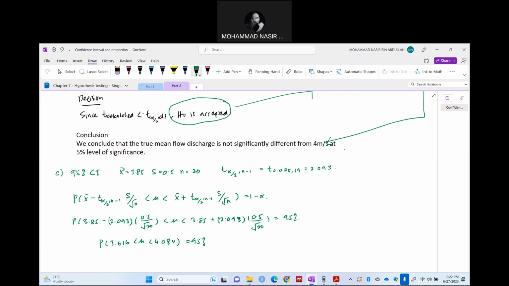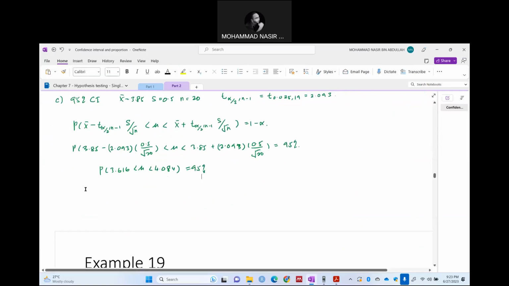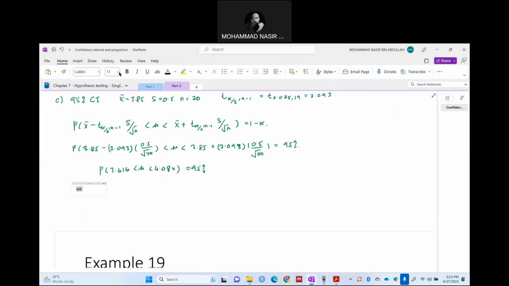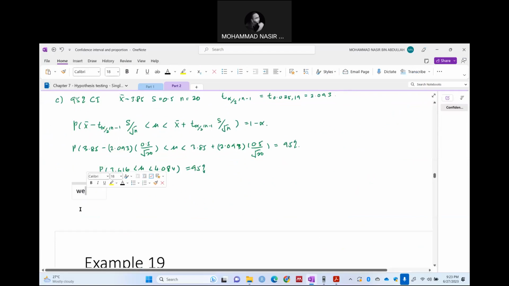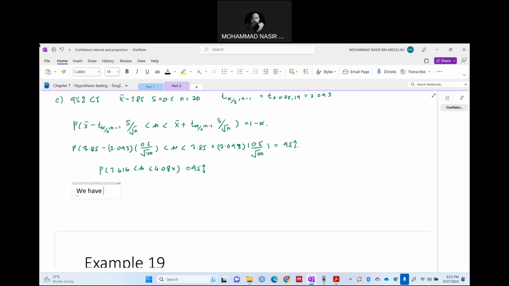Right. So we can conclude that we have 95% confidence, based on the alpha value, right? 95% confidence that the true mean is between 3.616 and 4.084.